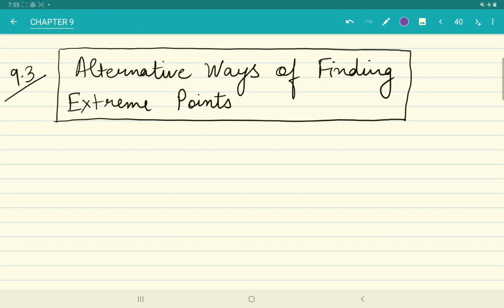We now take up section 9.3, alternative ways of finding extreme points.